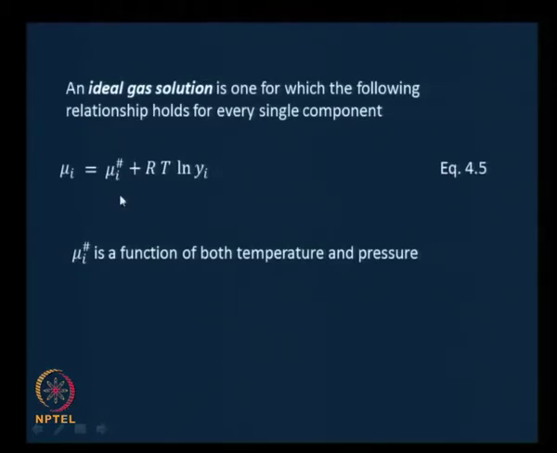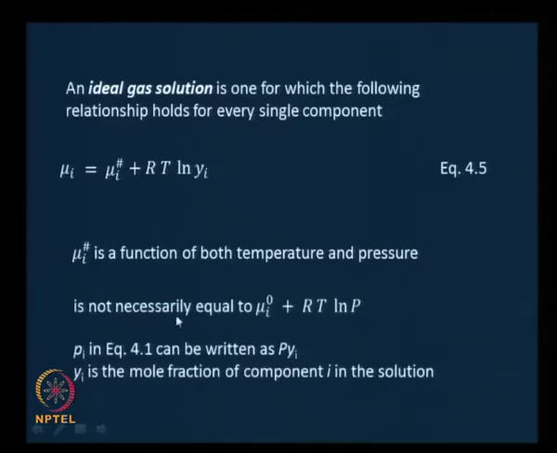But in this case, unlike the cases that we have seen earlier, ideal gas and perfect mixture and so on, mu i hash is a function of temperature and pressure. Also note that mu i hash need not necessarily be equal to mu i naught plus RT ln P.